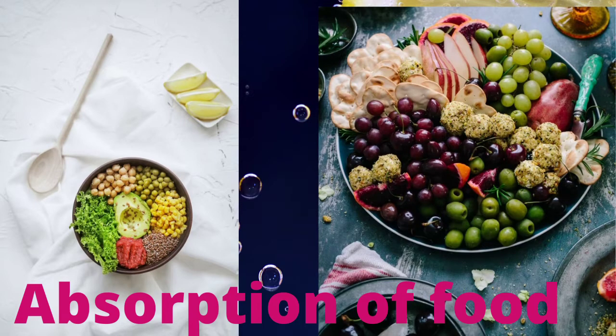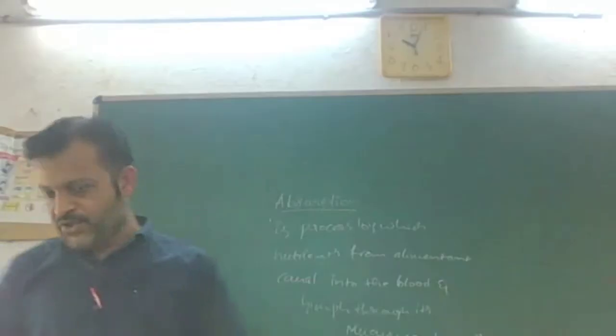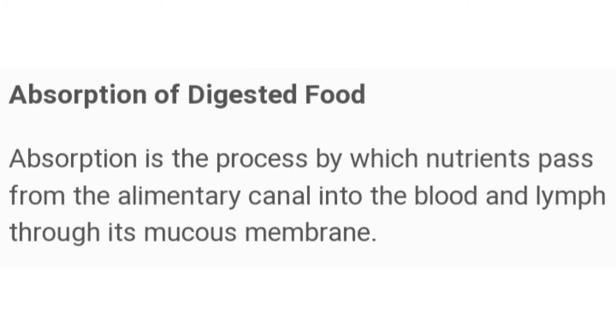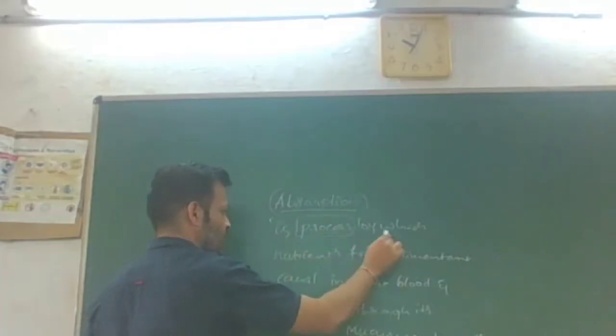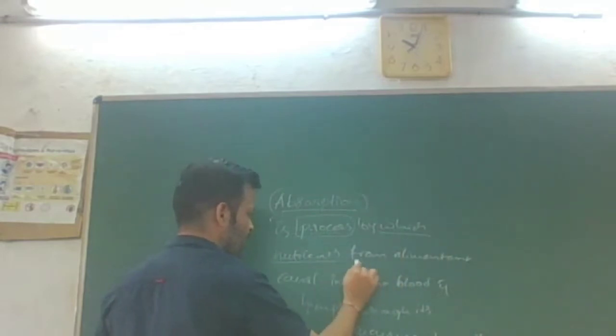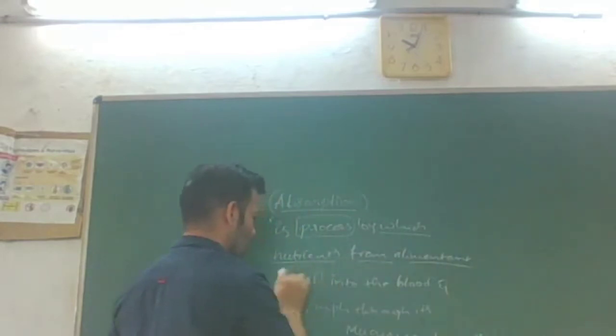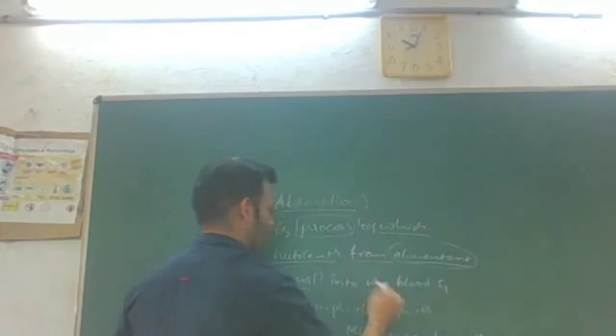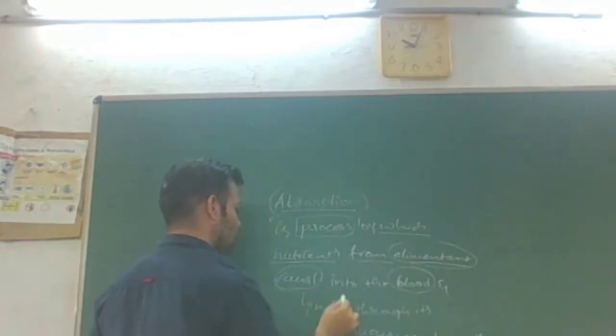It is one of the chapters in the past year PVC. Absorption is a process, one of the major processes by which nutrients from the alimentary canal pass into the blood and lymph.